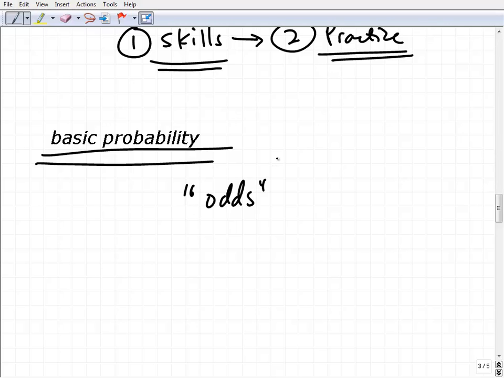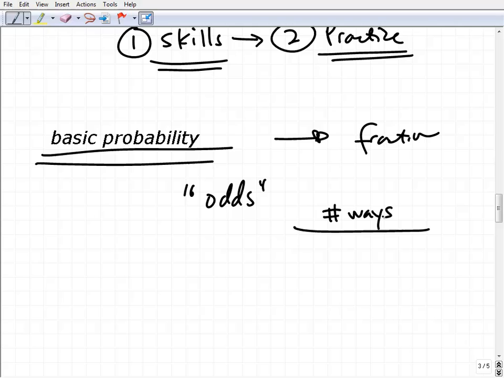And really, when you come to study basic probability, it's essentially a fraction. Let me take a stab at it and see if I can explain this real quickly. Basic probability is the number of ways something that you would like to happen over the total possible outcomes.